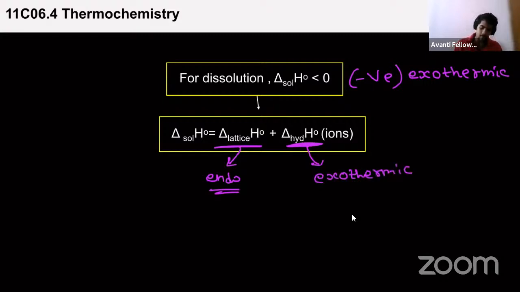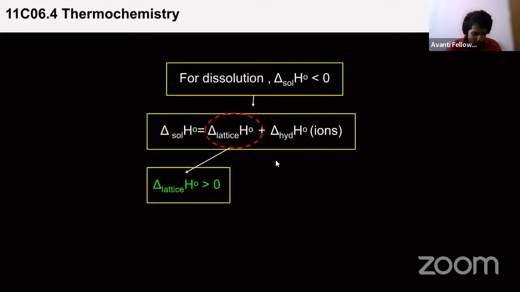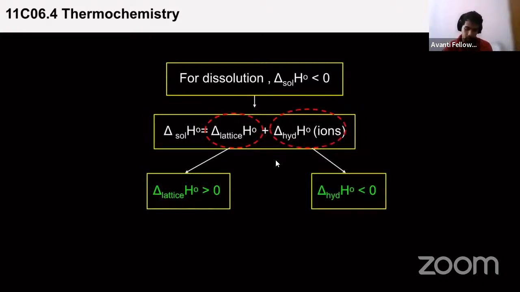Now, if you want to keep delta H solution negative, what does that mean? The exothermic contribution should be very high. Delta H lattice is generally endothermic and delta H hydration is generally exothermic. Are you clear with this concept?